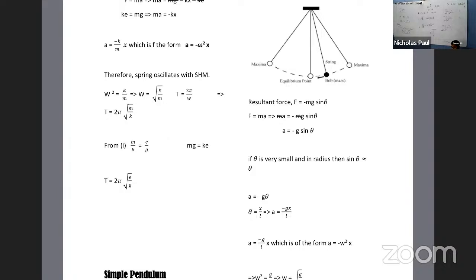So it moves with simple harmonic motion, and we're going to find the period it moves with. I'm going to do it on the board.